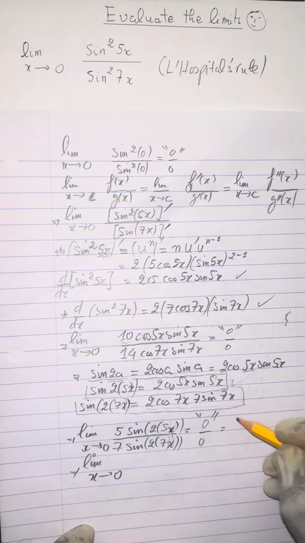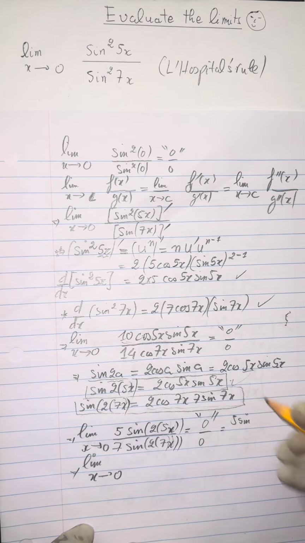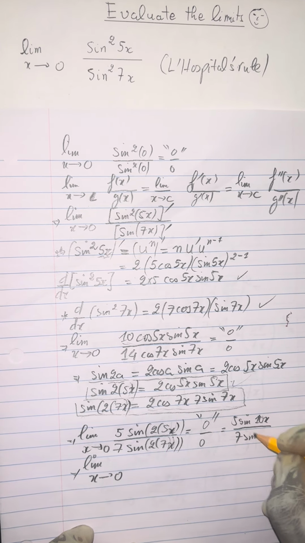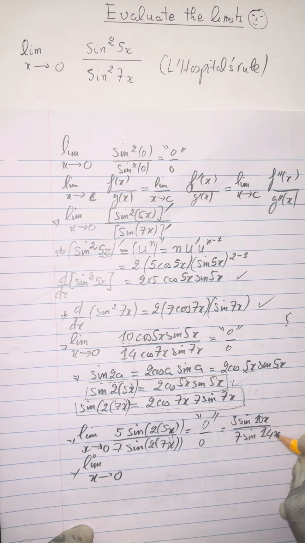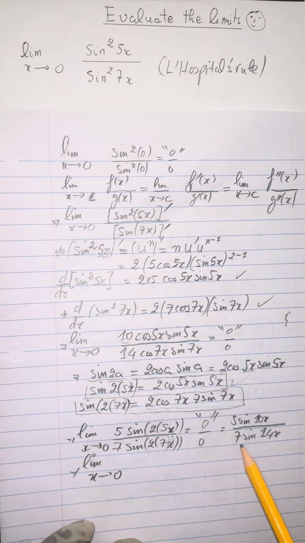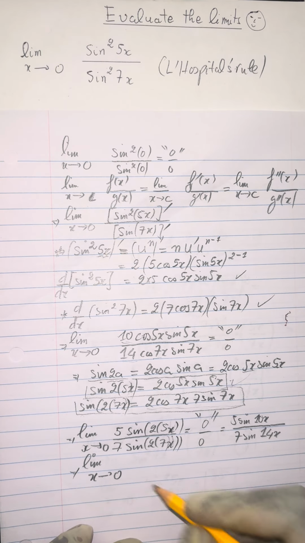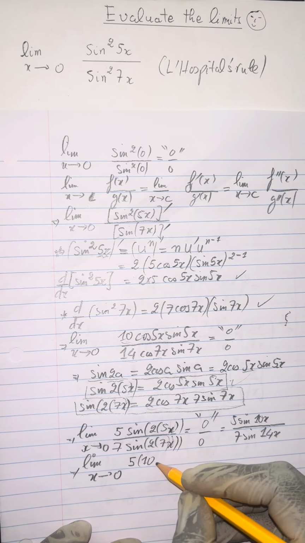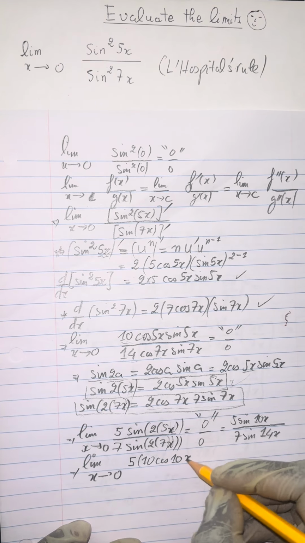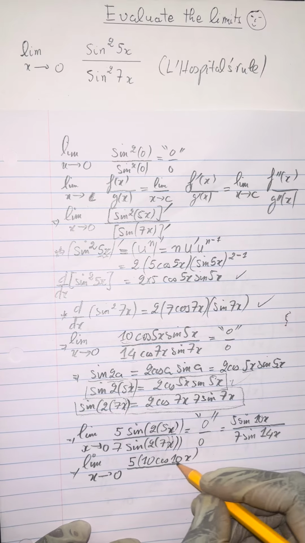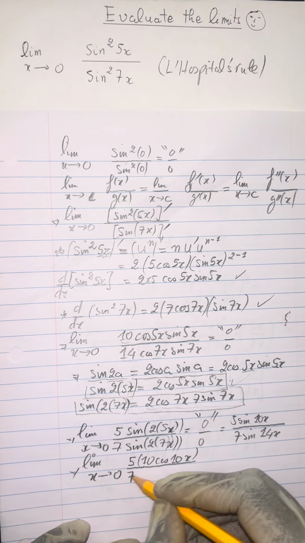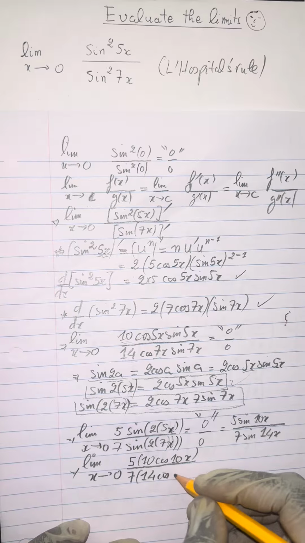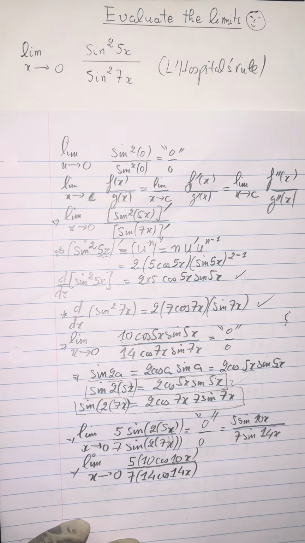The numerator is still 5 sine of 10x over 7 sine of 14x. What is the derivative of 5 sine of 10x? That is simply going to be 5, and then the 10 comes outside, 10 cos of 10x, over, same thing here, 7, and then you pull out the 14 cos of 14x.